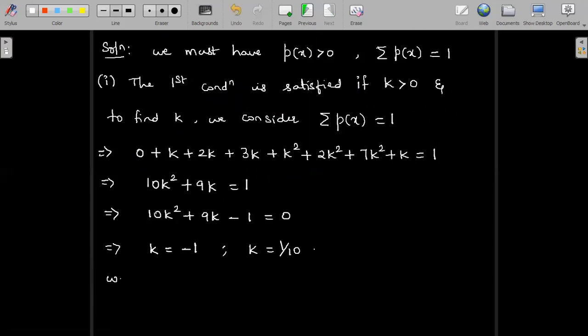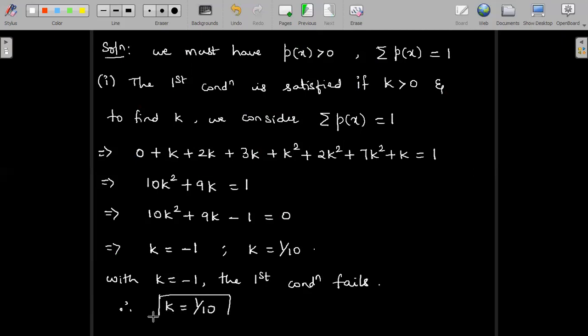With k equal to -1, the first condition fails. So therefore, k has to be 1 by 10 only. Though it was a quadratic equation, after solving, only one of the k values is in the range.